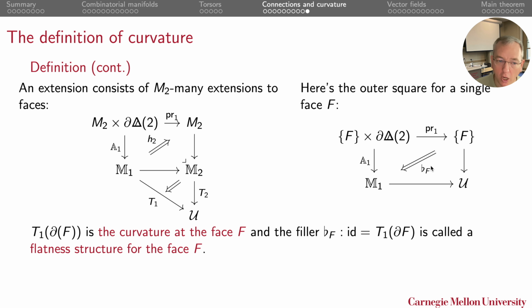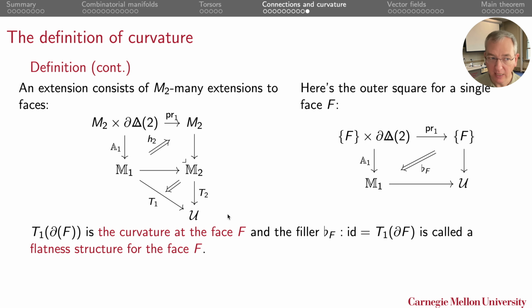We can call T1 of the triangular boundary of the face, we can call that holonomy the curvature at the face F. So if you, like me, are often confused between holonomy and curvature, holonomy is defined in more generality. It's on arbitrary paths, okay? But something about curvature is very local.